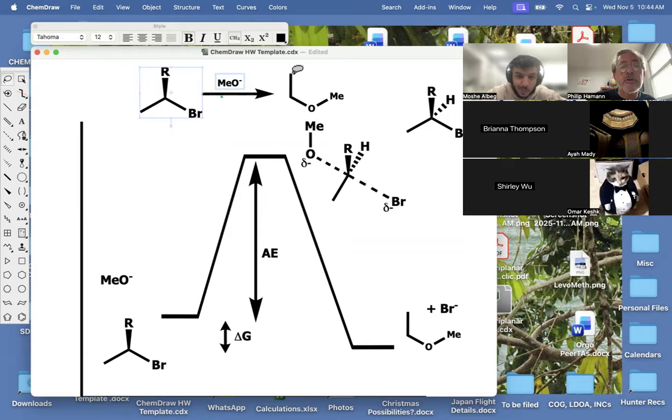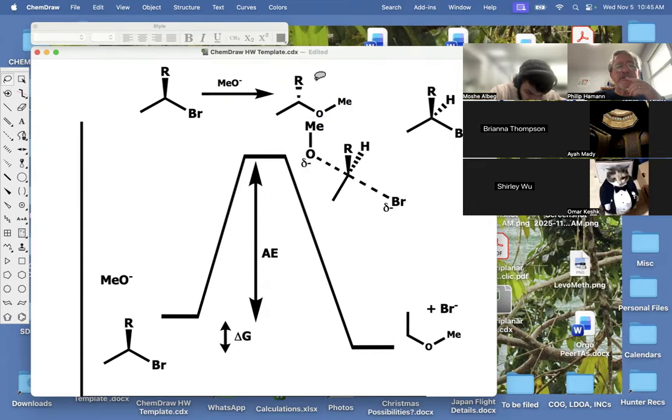Okay, now I've got to change how this is drawn. Now we could draw this so it really looks nice and looks like the inversion, but you know what? You just have to switch the chirality of the center relative to what's on it. You just have to make the opposite. That's what that is.